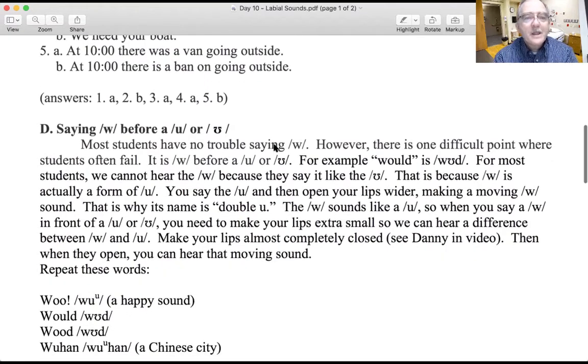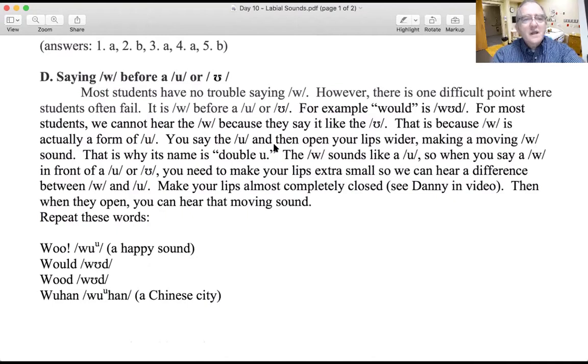Okay. Now, let's talk about W before a U. Most students have trouble saying W. Okay, no trouble at all. Wah, wee, woo, okay, wah, wee, whoa. However, there's one difficult point which students fail. It is the W before the U, the woo.